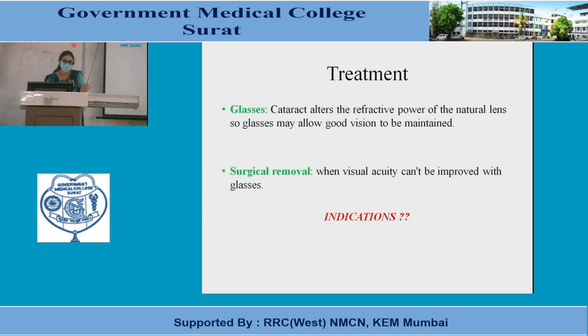When you examine, his vision is 6/6. Now if we go along with the criteria, will we operate on such patients or not? When you examine, he is found to have a posterior subcapsular, that is a central variety of cataract, a very dark cataract, but a central one. So, keeping the complaint in mind, will you operate or not?